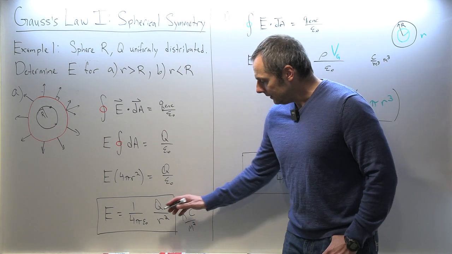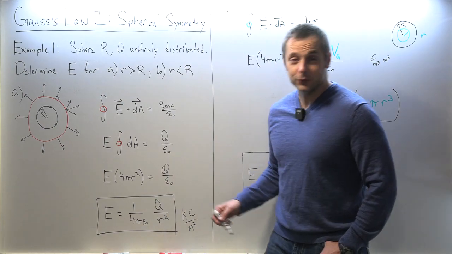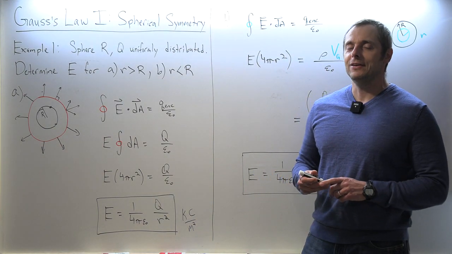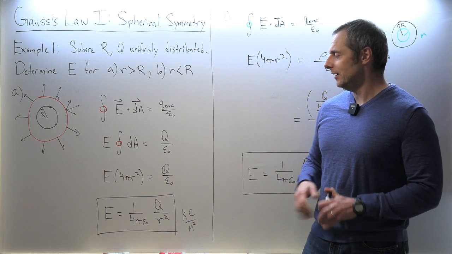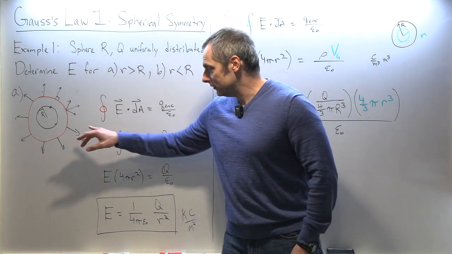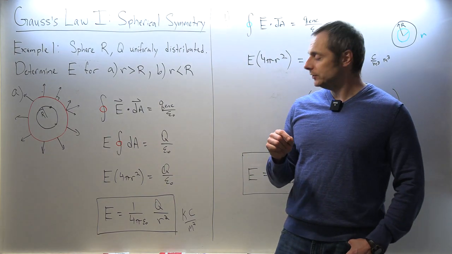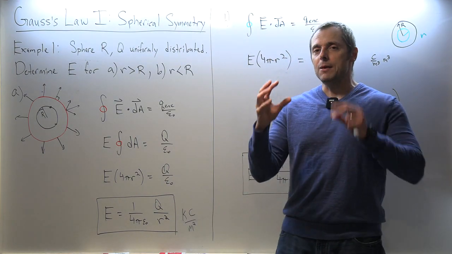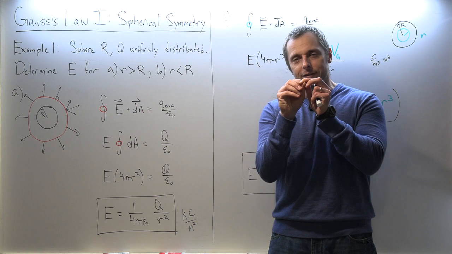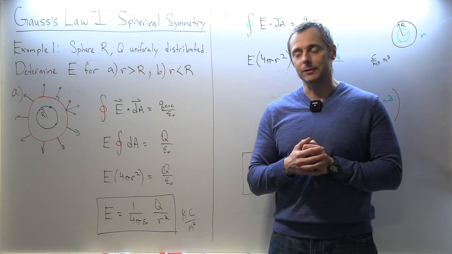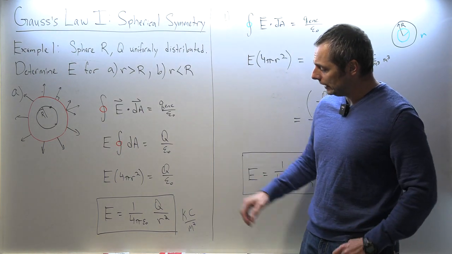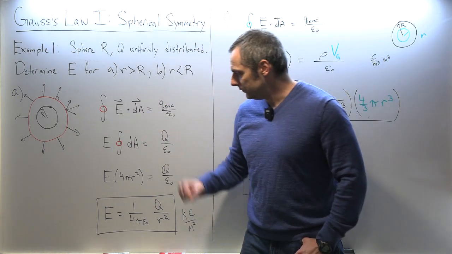And basically you see that we have KQ over r squared. So we didn't even technically need Gauss's law for this, but because the electric field outside this sphere, even though it's not a point charge, the electric field is the same as if all the charge were at a point at the center of the sphere. Kind of interesting. So that's the electric field outside the sphere.